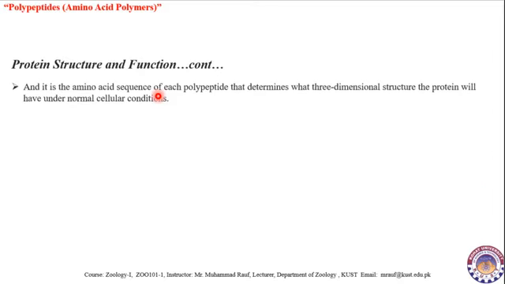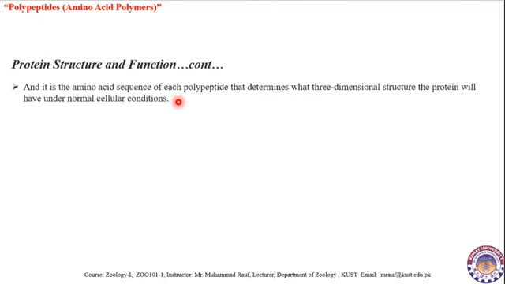And it is the amino acid sequence of each polypeptide that determines what three-dimensional structure the protein will have under normal cellular conditions. In primary structure, there is peptide bond. Primary structure is a linear sequence of amino acids.